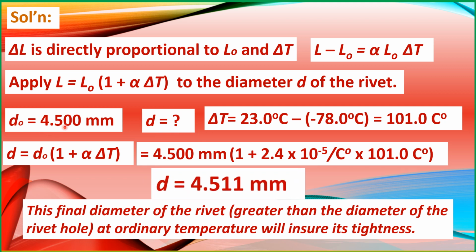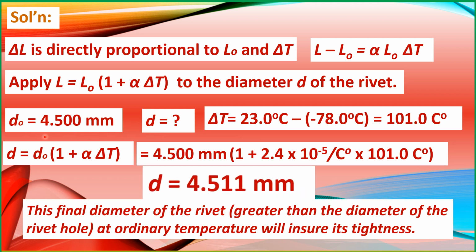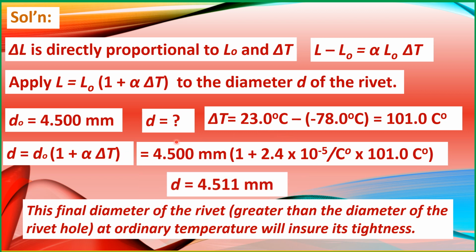This 4.500 millimeter is actually the final diameter of the material. It's just that for simplicity, I just chose this consideration, and this is what I got. So you can check this by doing my suggestion.